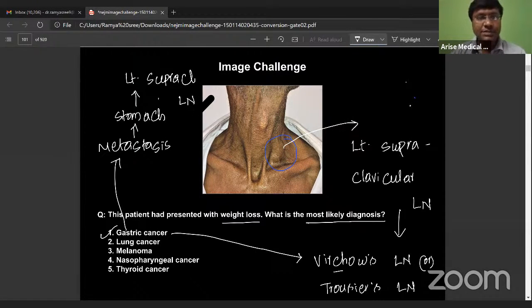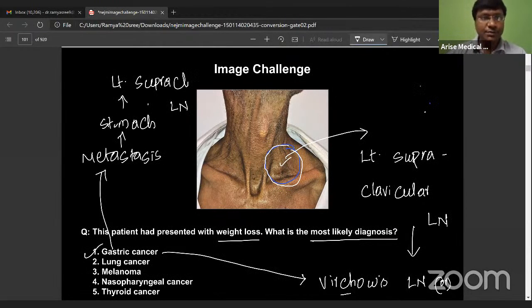So this is your Virchow's node or Troisier's node. What you have to observe in this image is this area. This is the swollen lymph node, which is seen in case of carcinoma of the stomach.